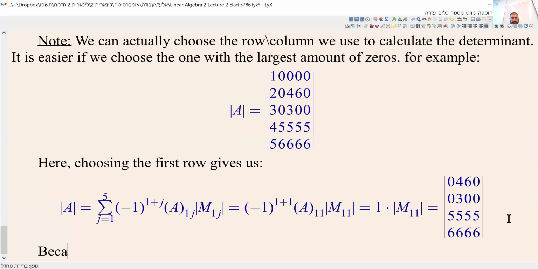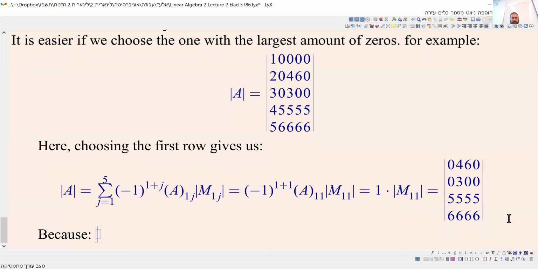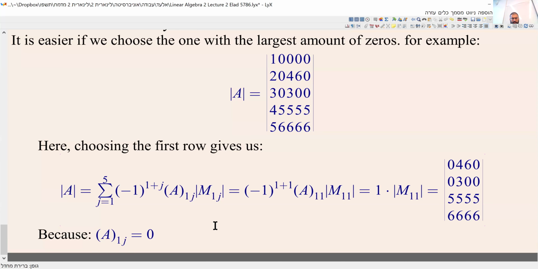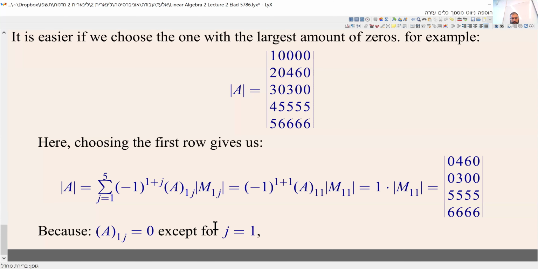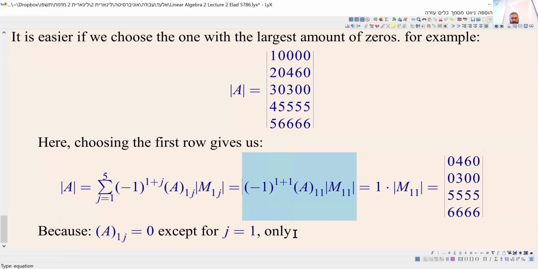Because A1J is 0, except for J is 1. Only this little dude.